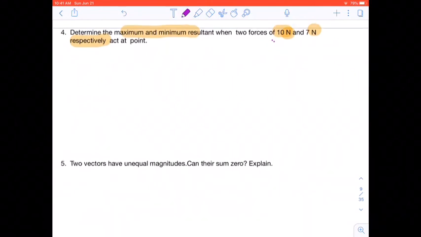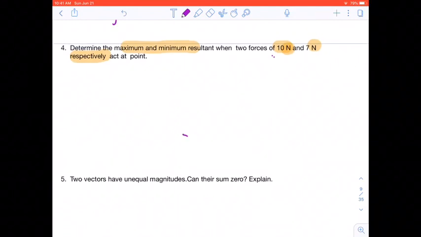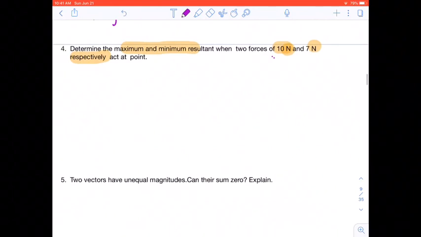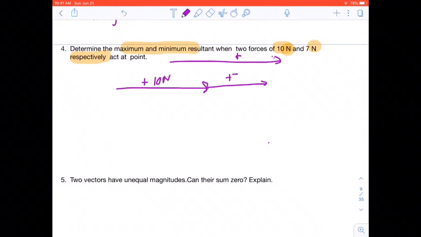If we choose this as our positive direction, and we have 10 newtons in that direction and plus 7 newtons in that direction, then our resultant would be from there to there, which is plus 17 newtons. That would be a maximum.